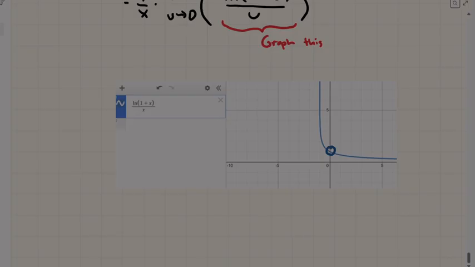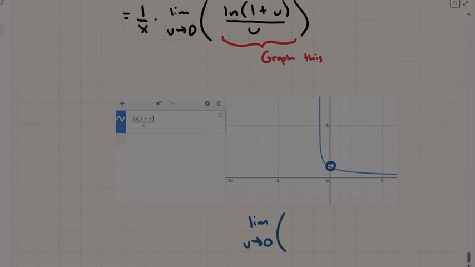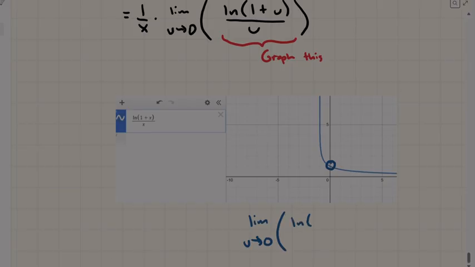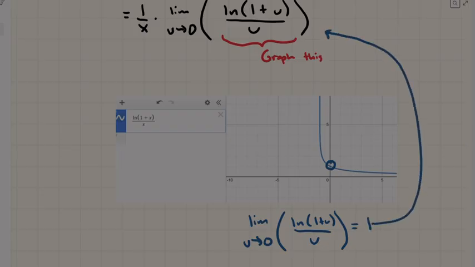And so what that means then is that the limit as h approaches, oh wait, we're using u. The limit as u approaches 0 of ln 1 plus u over u is equal to 1. And so then we can just substitute that in there.